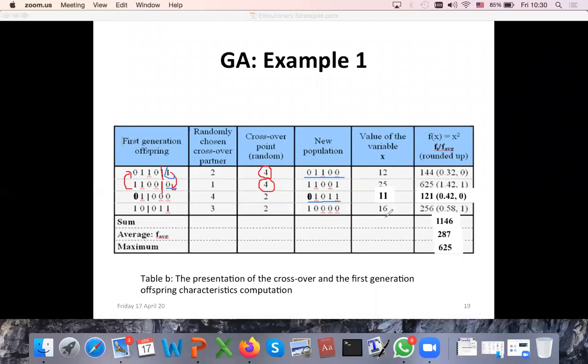You have to calculate the square, and then divide this value, 144, by the average, and then you will get the fractional value according to the previous step. And then you have to round these values again, as you have done in the previous step.